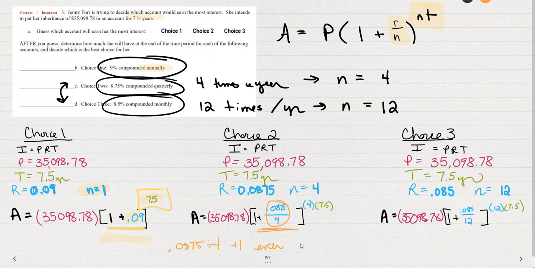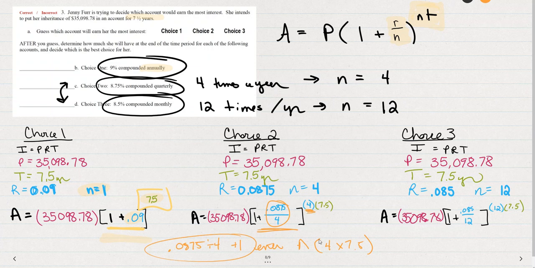Then I'm going to use the caret key again, but I'm going to put in parentheses 4 times 7.5. Otherwise, the calculator is only going to raise that base, this 1 plus the blue quotient, to the 4th power.